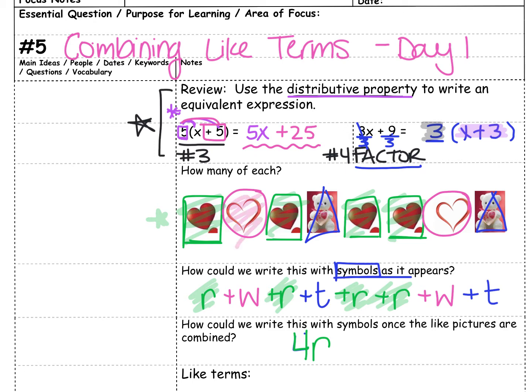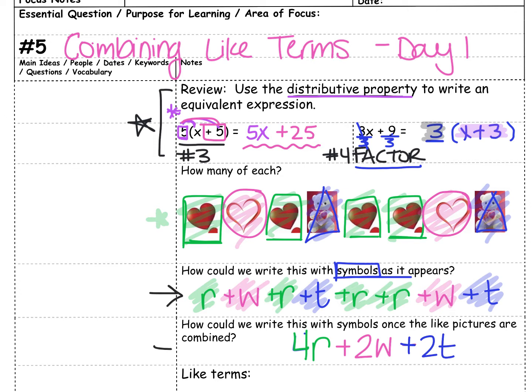Then I had 2 white hearts, so I could add that to my problem as 2W. And then I have 2 teddy bears, a T plus another T, so I have 2T that I can add to my expression. Here is our problem, and then down here is our simplified problem. This put all my like terms together. Notice everything that was the same letter got put together.